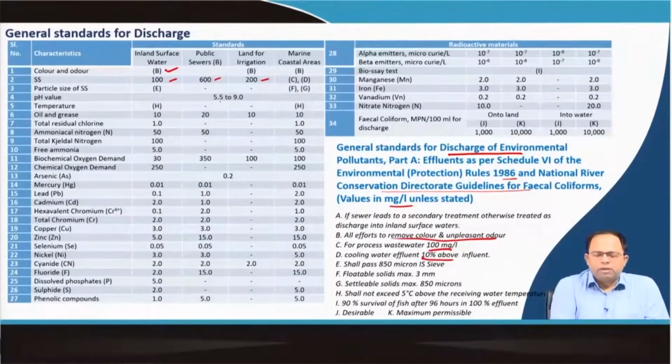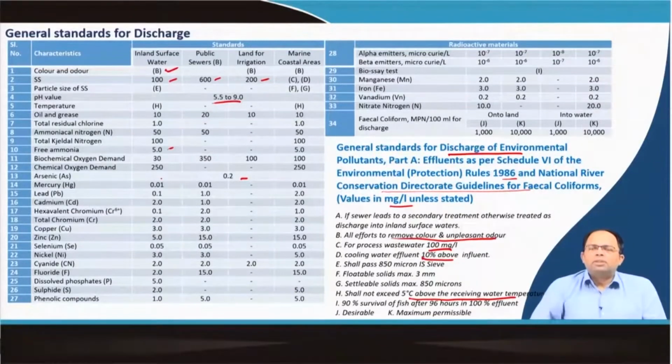Then pH value should be around 5.5 to 9. Particle size, temperature is H. H means shall not exceed 5 degrees centigrade above the receiving water temperature. Then free ammonia value is 5. Then arsenic values are given as 0.2, and mercury, lead, and all the different values are stated.